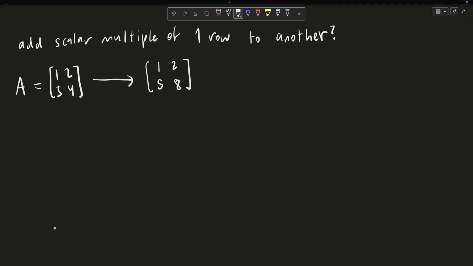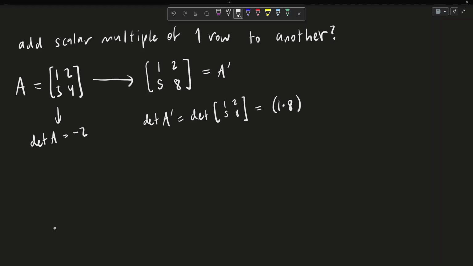Now this may seem a bit unintuitive, but let's show it with this example. So we know that the determinant of A is negative 2. If this is A prime, we show that the determinant of A prime, which is equal to the determinant of 1, 2, 5, 8, is equal to 1 times 8 minus 2 times 5.